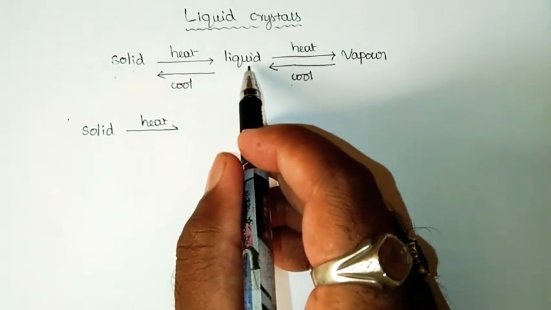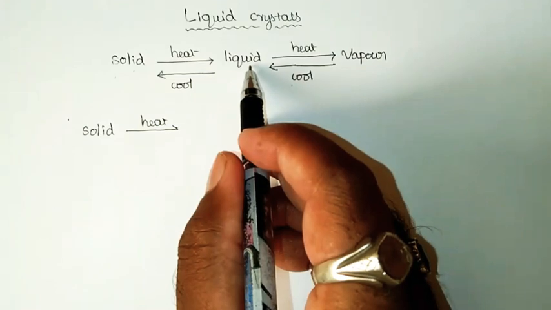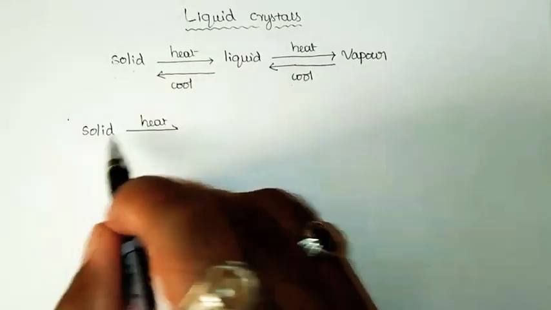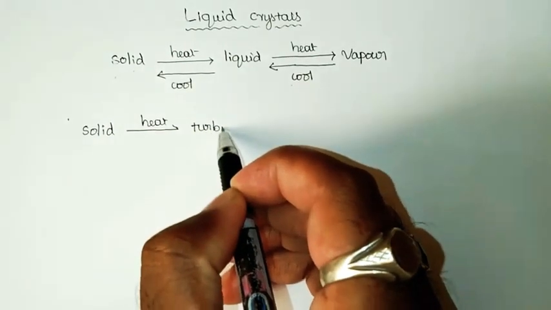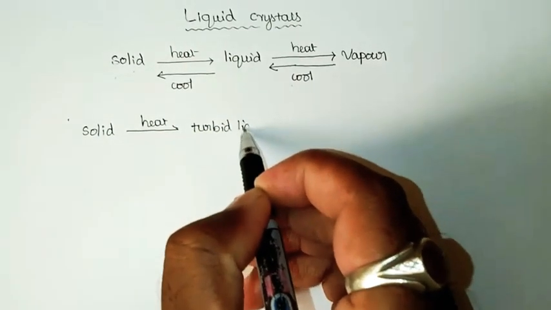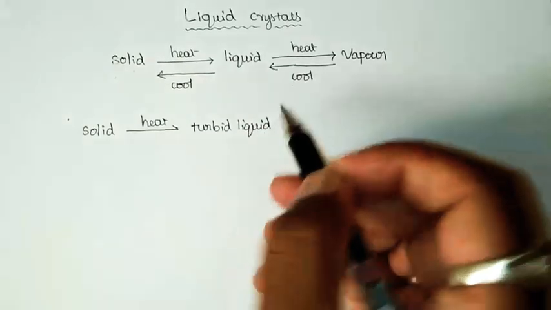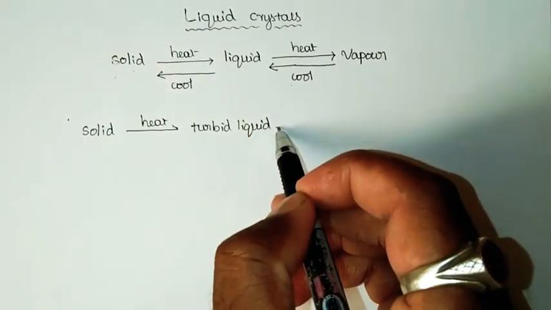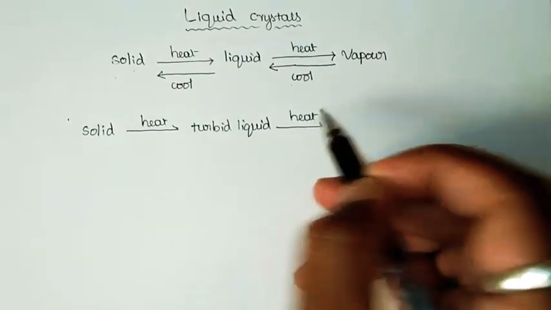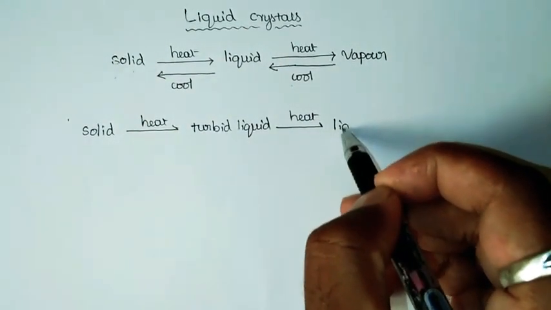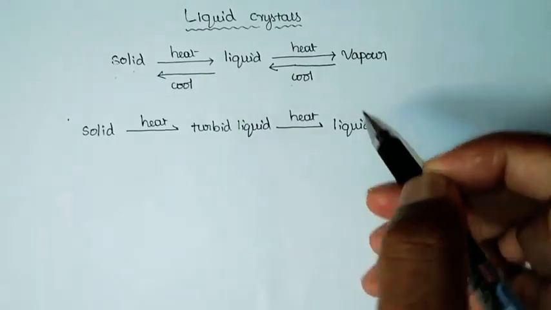That means when a solid material is heated, before going to the complete liquid state, that is the form of a true liquid, the solid first changes into a turbid liquid. It's not a true liquid. And when that turbid liquid is further heated, then we get the true liquid state.